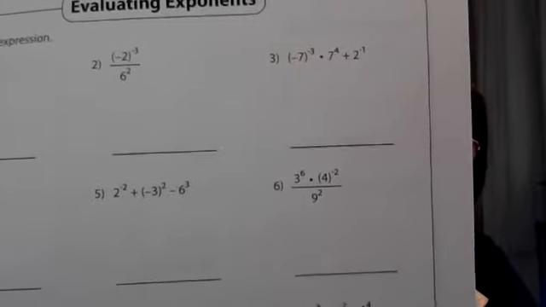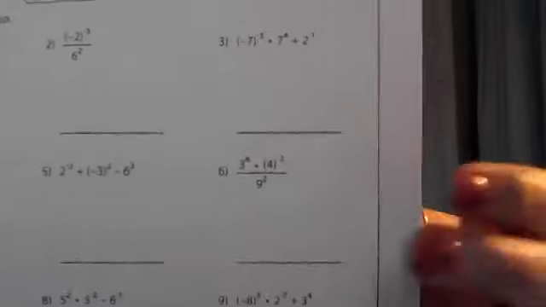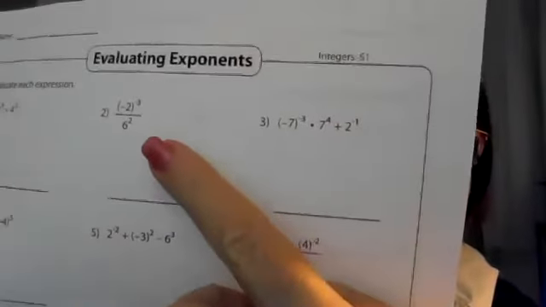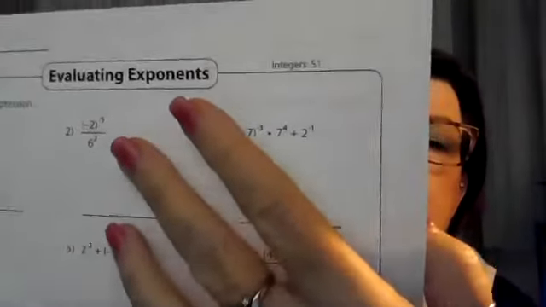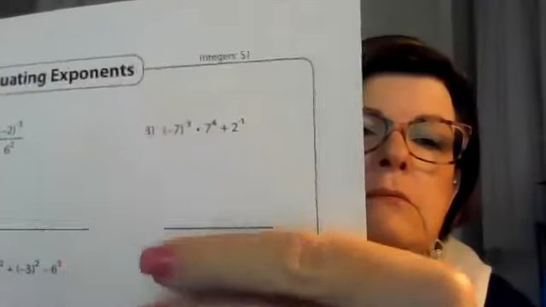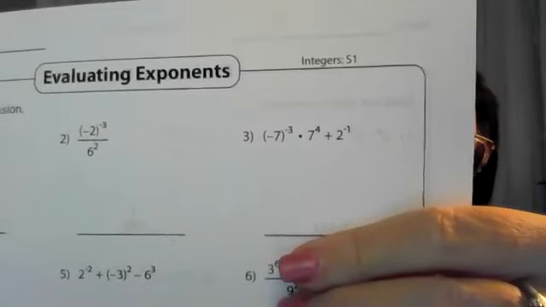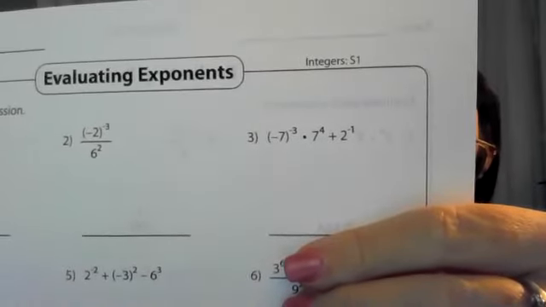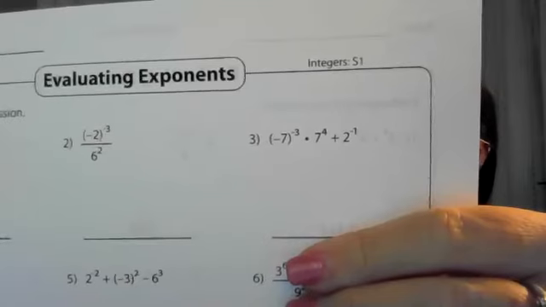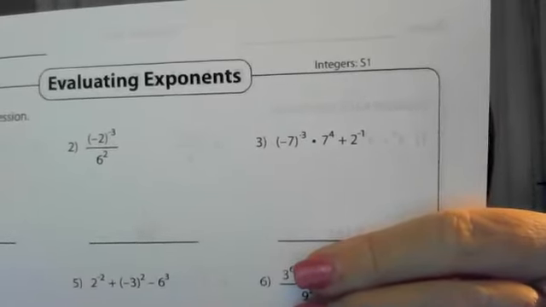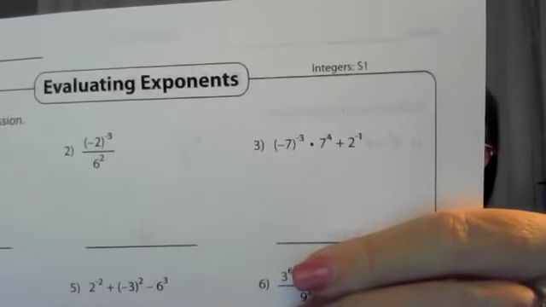Okay, let's look at number 2. The first thing you're going to do on this is, you see a negative exponent, not the -2, but a -3. The negative exponent says, oh dear, that guy's going to have to move. So the first thing that I would like for you to do on that number 2 would look like this.